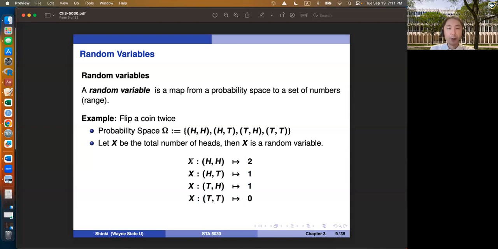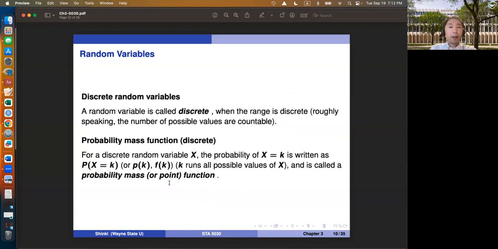This rule, X, is a map, and this is a random variable. Basically, the probability space is all possible outcomes of some probabilistic experiment, and X is a rule that corresponds each single outcome to some number. So this X is one of the simplest examples of random variables.